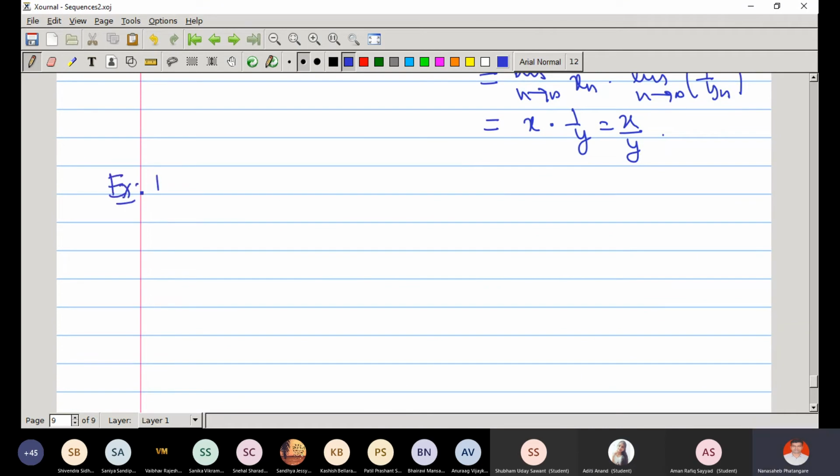Okay, so how is this algebra of limits useful? Let xn be equal to root of n plus 1 minus root n. Find the limit of xn. Right.